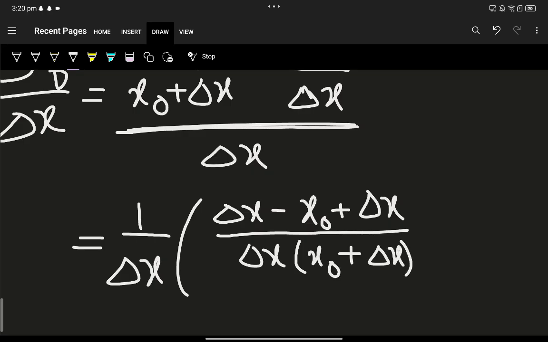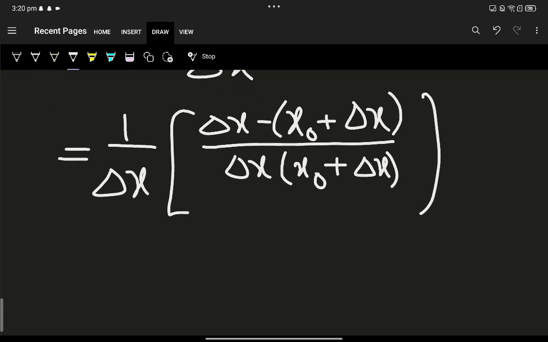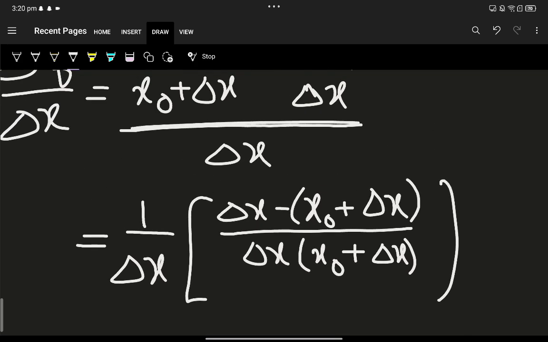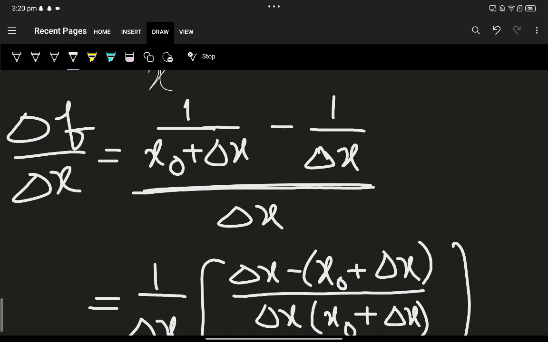This whole thing is in brackets, and I can replace it with a square bracket because we already have parentheses there. I hope it's correct, right? Just check it.